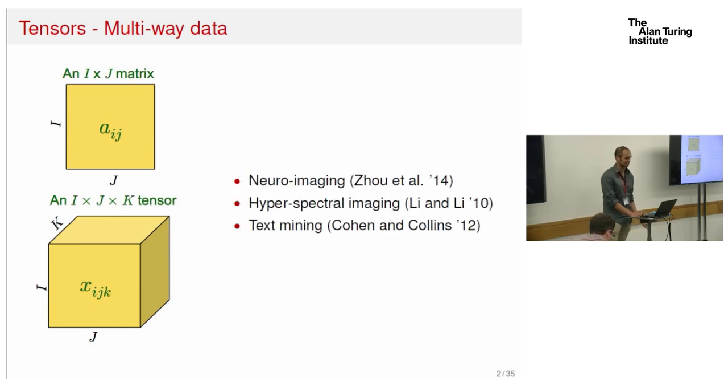So, for example, 3D images are arising very commonly, for example, in neuroimaging and hyperspectral imaging, and we're going to see an example of a 3D imaging application right at the end. And then in other applications like microbiology or text mining, you can imagine that features are now going across many more than just 2 dimensions, and so you're getting multi-way or tensor data of order 3 or more. And so tensor data is arising more and more frequently.